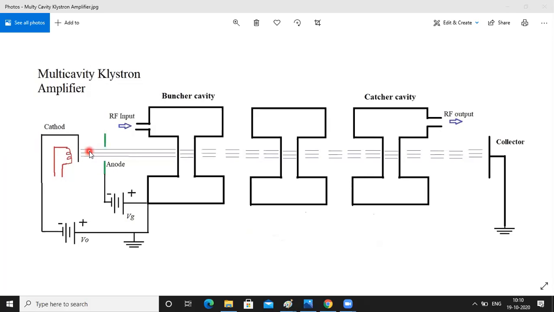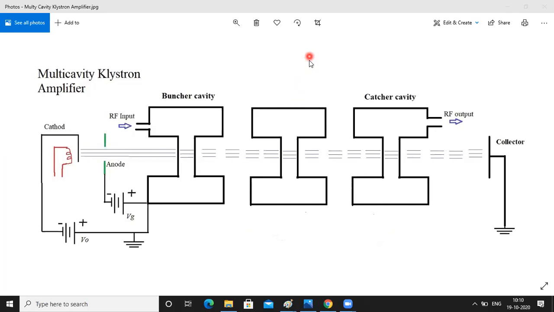In this multi-cavity klystron, the heater generates the electrons, and they are given to this anode. The anode focuses the electrons, and they pass through the other cavity.